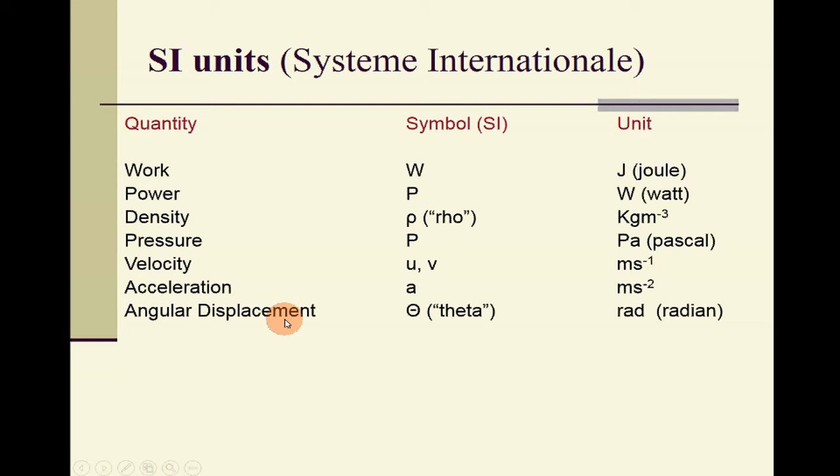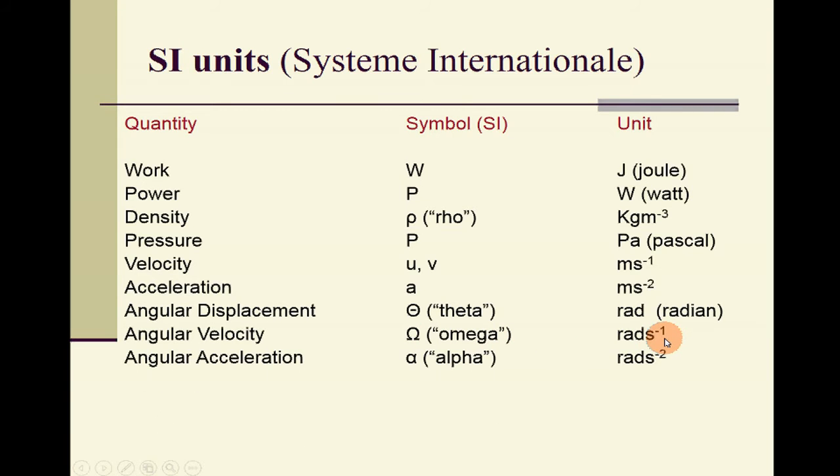Angular displacement is represented by theta and its unit is radian. Angular velocity is represented by the letter omega, which is a Greek letter, and its unit is radian per second. Angular acceleration is represented by the letter alpha and its unit is radian per second square.